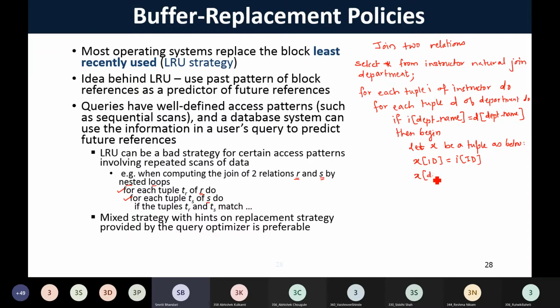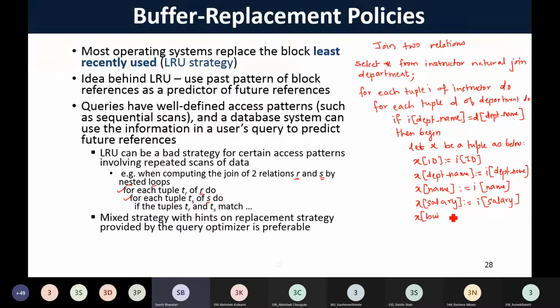Then X.department_name is assigned I.department_name. Then X.name of instructor is assigned I.name. X.salary is assigned I.salary. Then X.building.